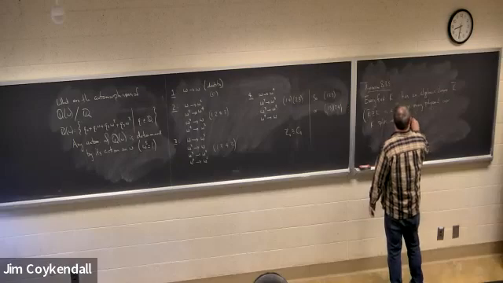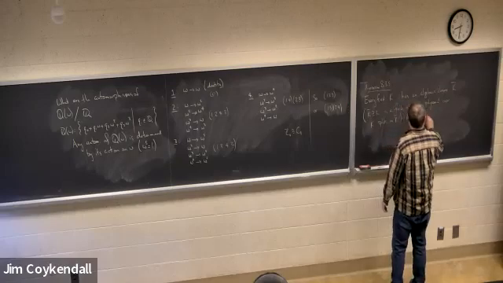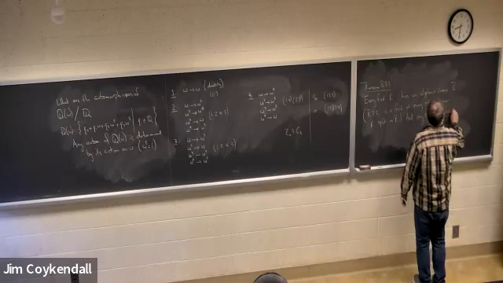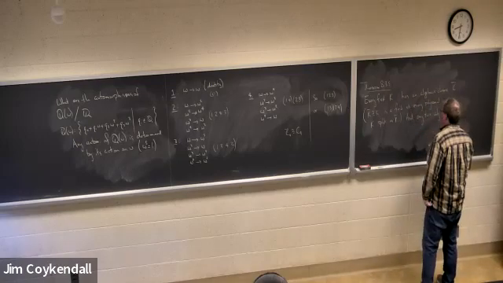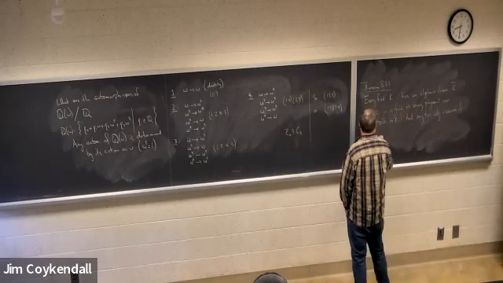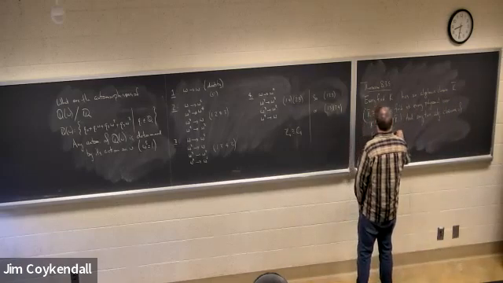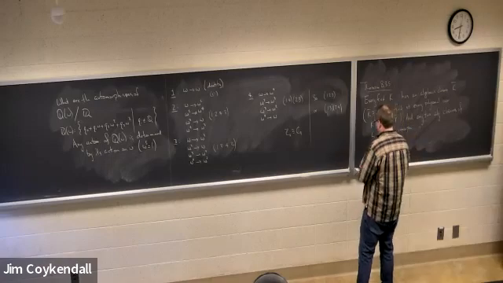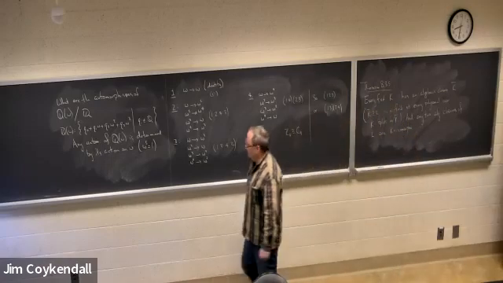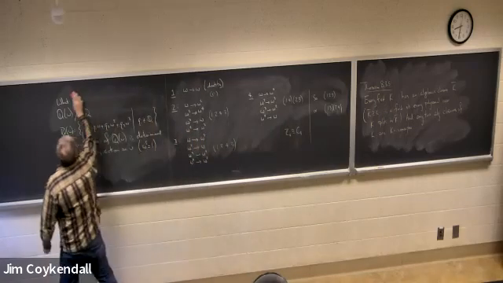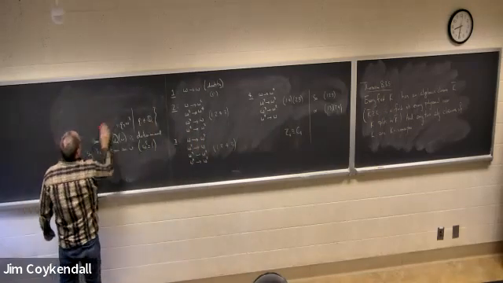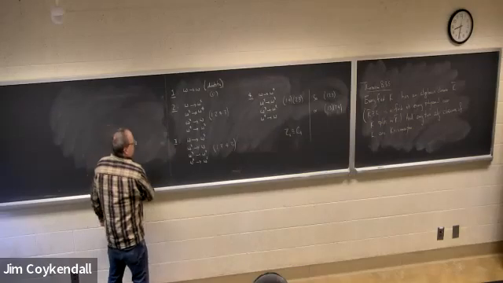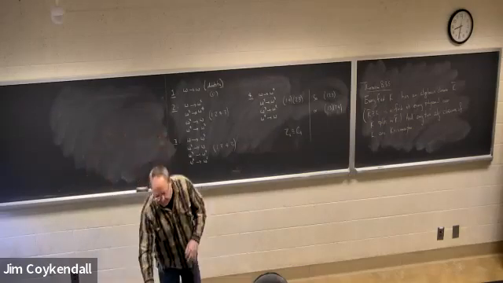And any two algebraic closures of K are K-isomorphic. Sometimes if I'm sloppy, I might say the algebraic closure, but any two algebraic closures are isomorphic as fields that fix K.